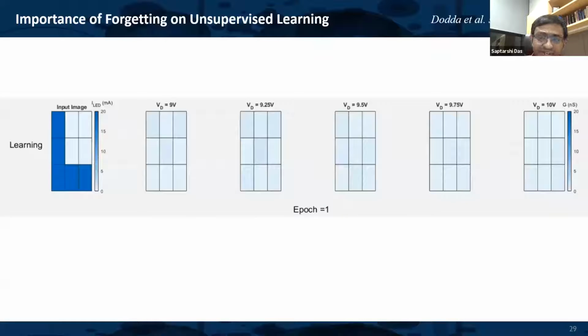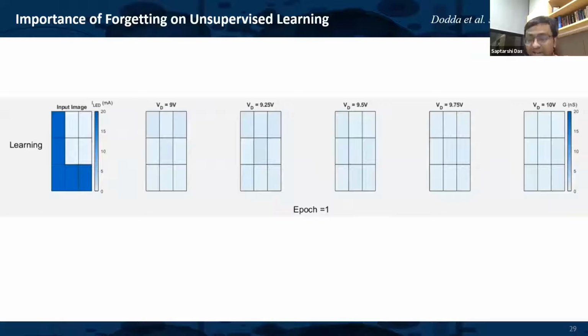Now, how does it make a big difference? Let's say, for example, you want to do something like unsupervised learning, where you are in an environment, your sensor is deployed, and you want to capture when there's a change in an event. So if you want to design event-based cameras, then based on the change in the event, your device should automatically capture the new information.